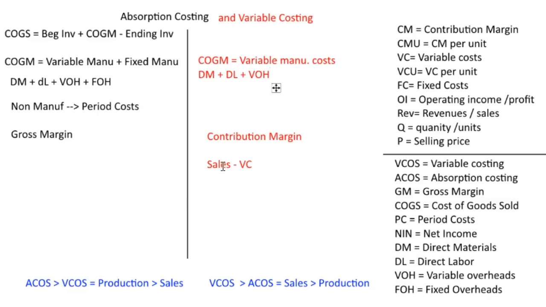So just to make everything a bit more clear, in the gross margin we have your variable period costs included, which are not included in your variable costing. And in the contribution margin, we actually have fixed product costs.